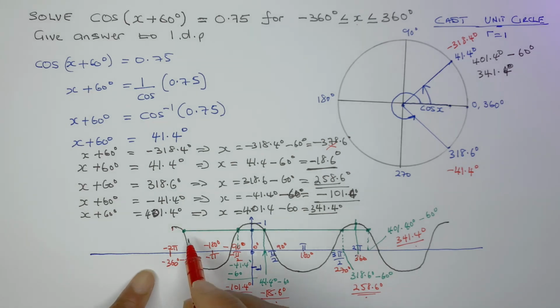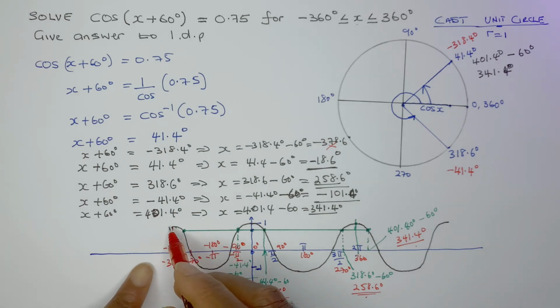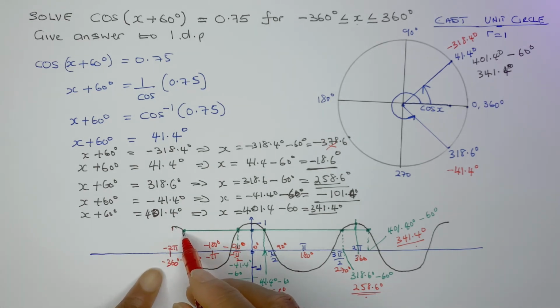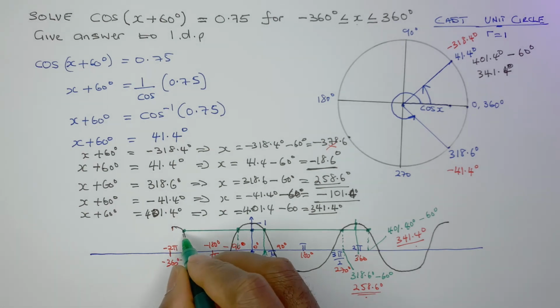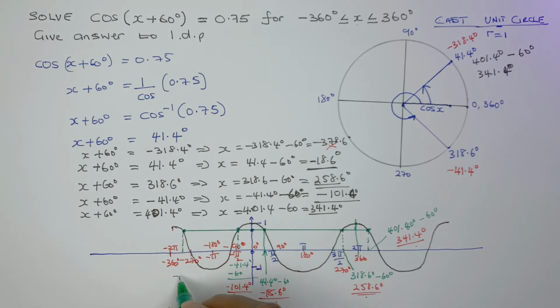If you go here, this is minus, so if we look at this one here, that's minus 318.6 degrees, right?